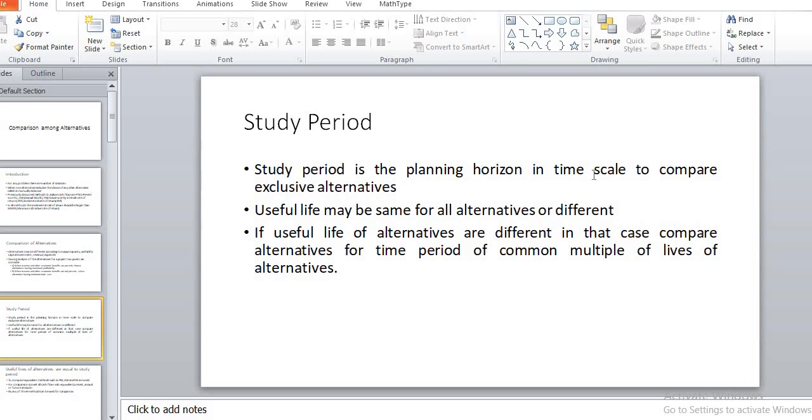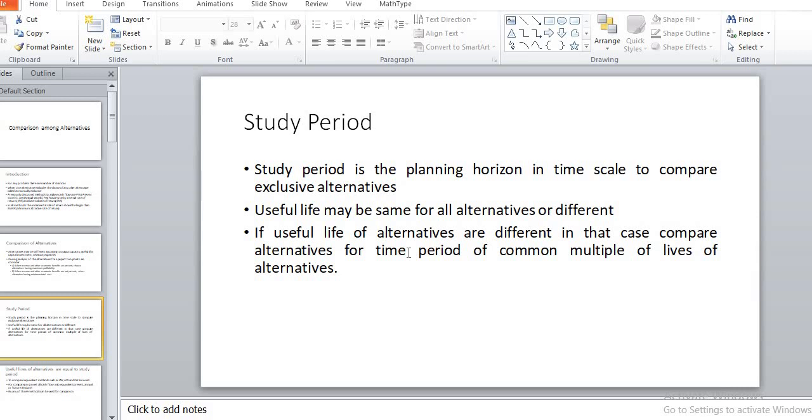So the planning horizon is the time scale to compare exclusive alternatives. Useful life may be the same or different. When the lifespan is the same, there is no problem for comparison, because the lifespan of all alternatives is the same.